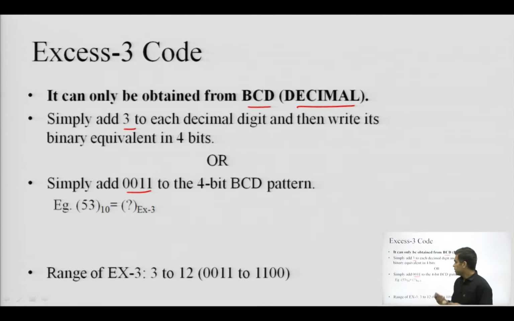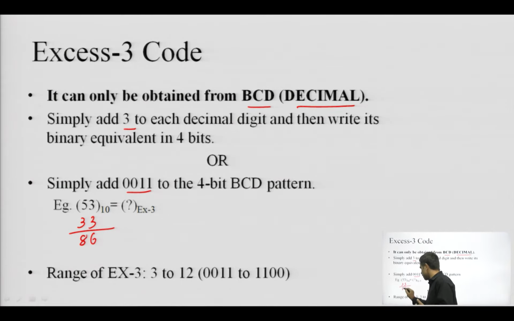So, if I am provided with a number 53 in decimal, and I am asked to obtain the excess-3 equivalent of this number, there are 2 ways to proceed. Either I can add 3 to both the digits. So, 3 plus 3 becomes 6 and 5 plus 3 becomes 8.